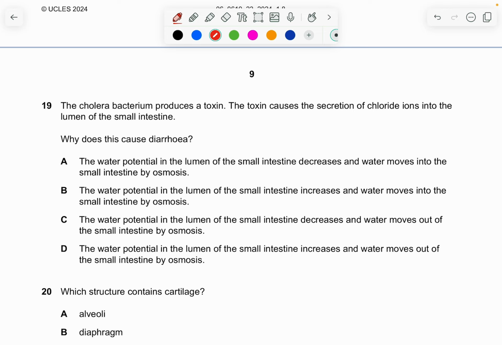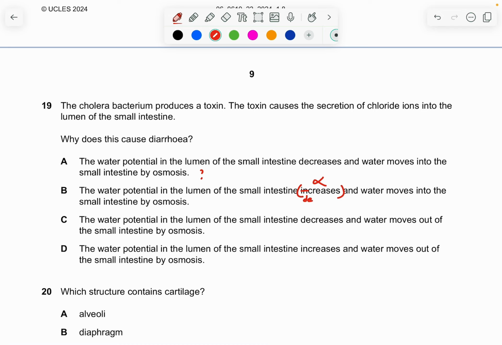So let's see each of the answers. The water potential in the lumen of the small intestine decreases, and water moves into the small intestine by osmosis. Maybe this is correct. The water potential in the lumen of the small intestine increases. Immediately if we see the term increases, this is wrong. It should be decreases, so you want water to leave.